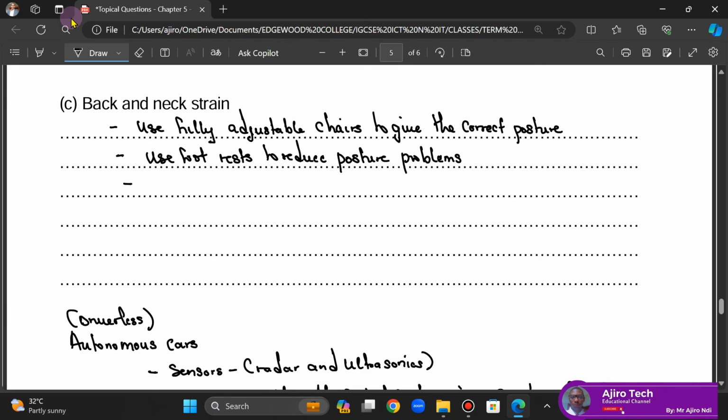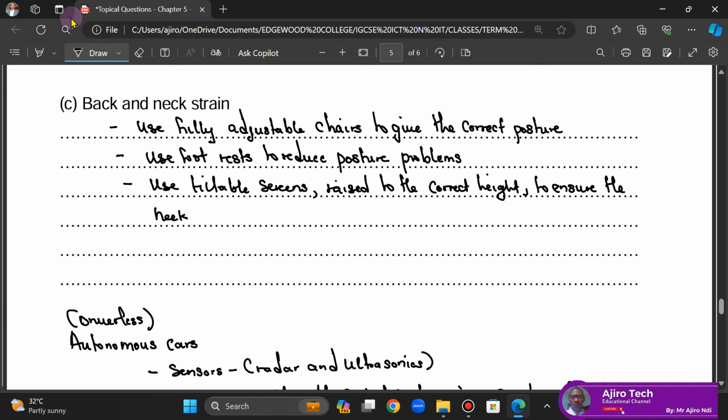Also you can use tiltable screens raised to the correct height to ensure the neck is at the right angle.